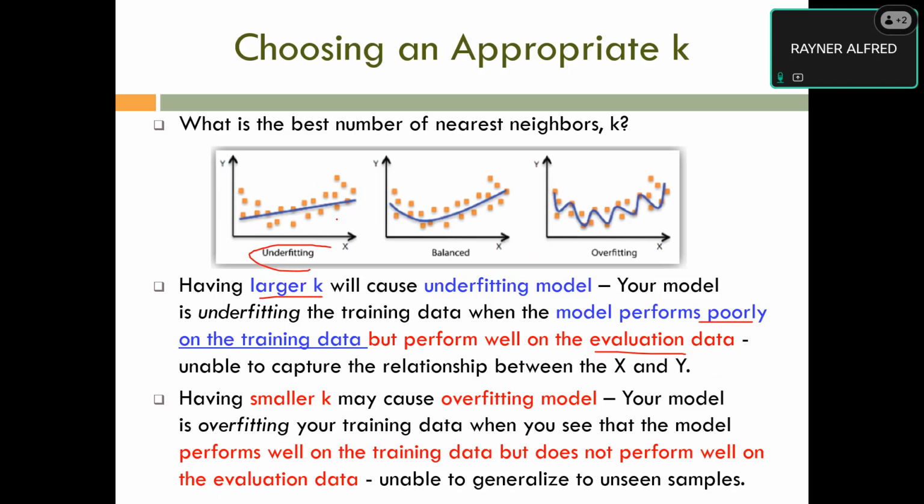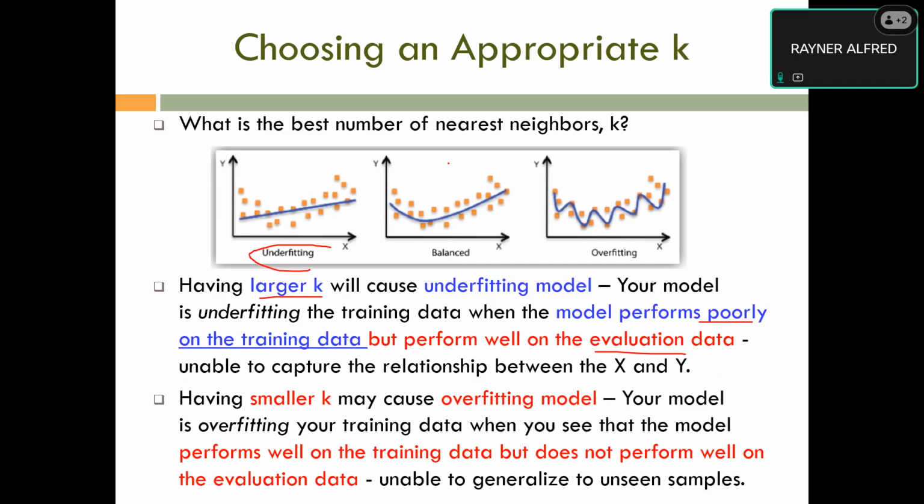When you have a straight line, during the training session you will perform poorly, but you perform well during the evaluation. The idea of classification is that we want a close percentage between training and testing. We don't want two different results.